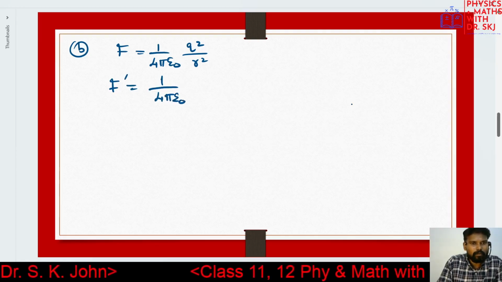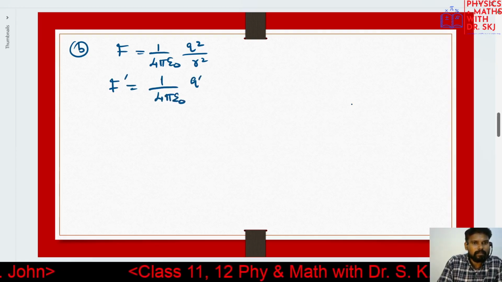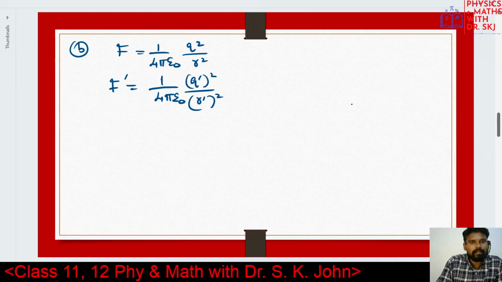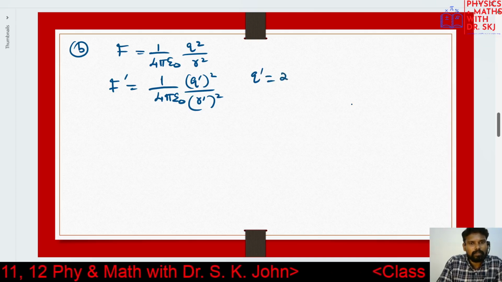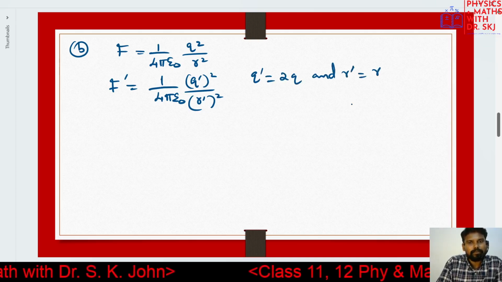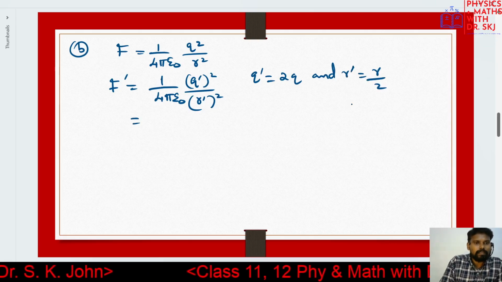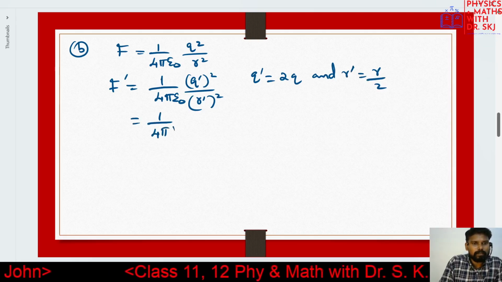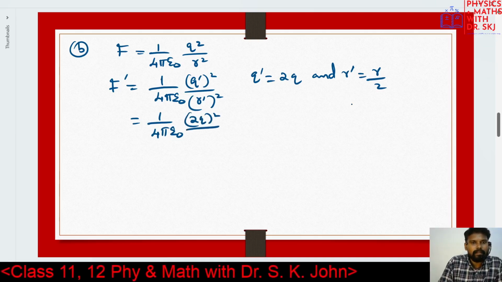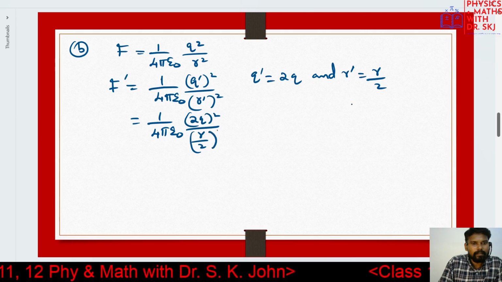There is no change in the constant. Then q dash square by r dash square. What is q dash? It is 2 times q. What is r dash? r dash is r by 2. So you can substitute the values here. It is 1 by 4 pi epsilon 0, 2q whole square divided by r by 2 whole square, right?